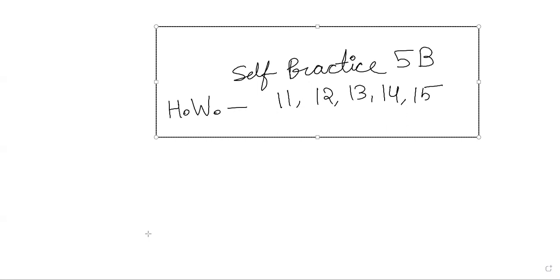Now we will see 3 rules to perform the next exercise.